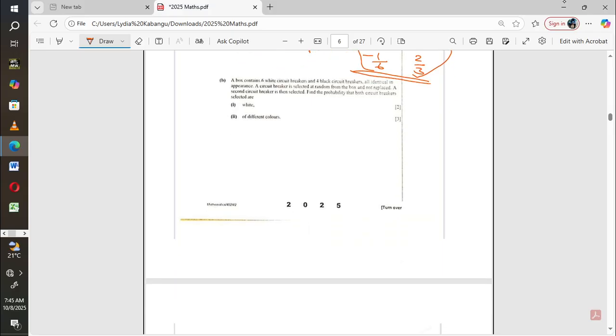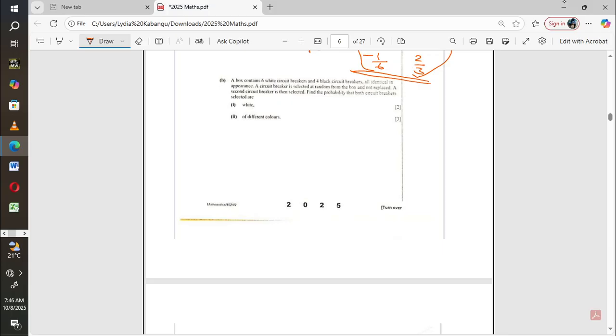Okay, so question B reads: a box contains 6 white circuit breakers and 4 black circuit breakers, all identical in appearance.